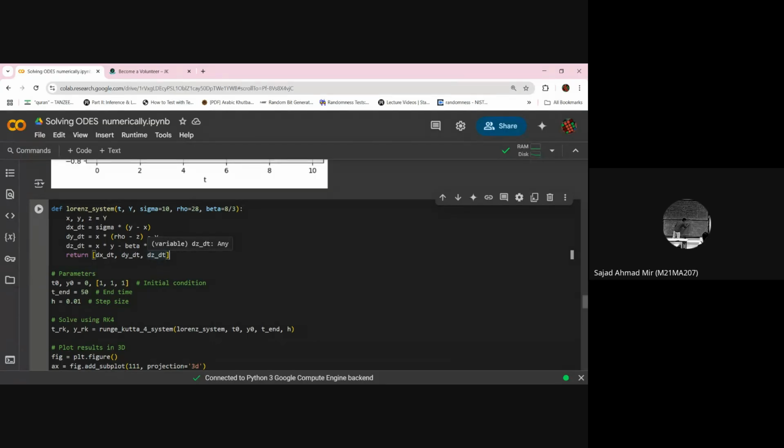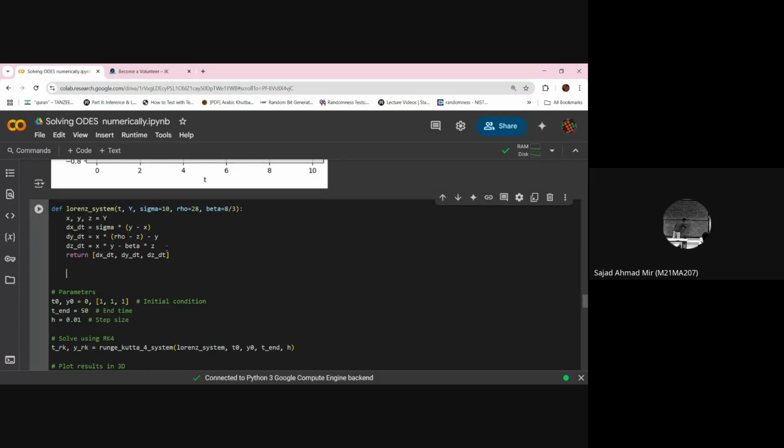The shape of the trajectory is very interesting. It's a three-dimensional plot. This system arose when Lorenz was modeling temperature, doing climate modeling, and they observed the strange behavior of this dynamical system.